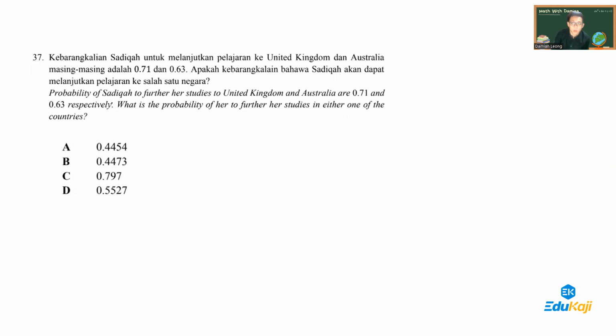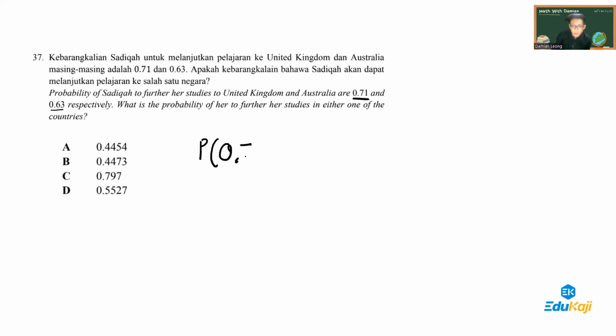Question 37. The probabilities of Sadika to further her studies in the UK and Australia are 0.71 and 0.63 respectively. Find the probability of her furthering her studies in either one of the countries. So basically, the probability that she furthers her studies in the UK is 0.71, Australia 0.63.